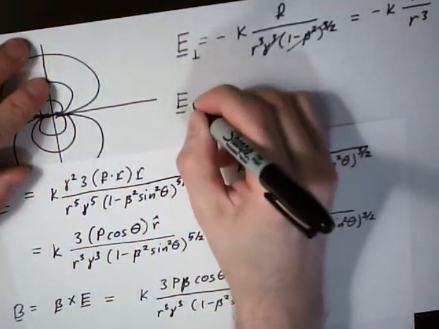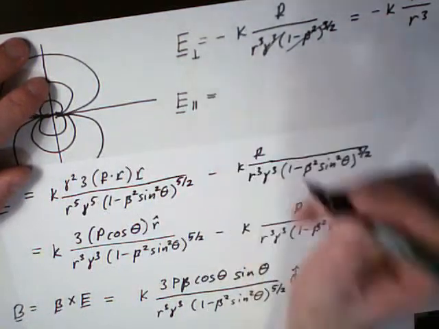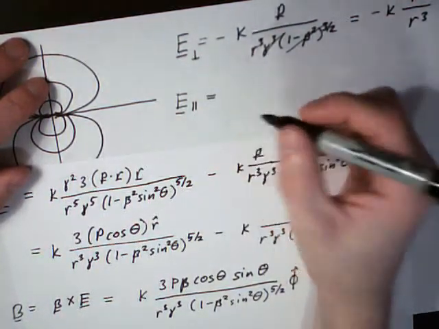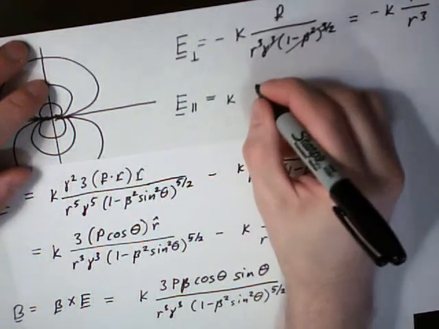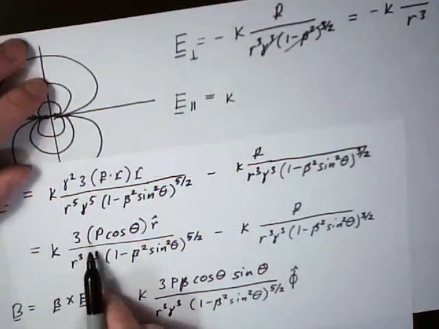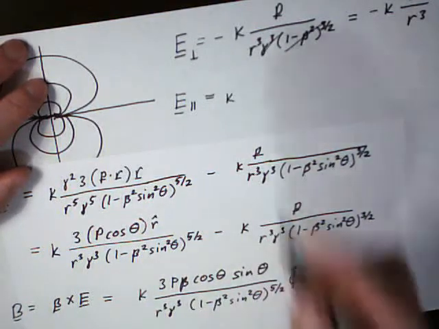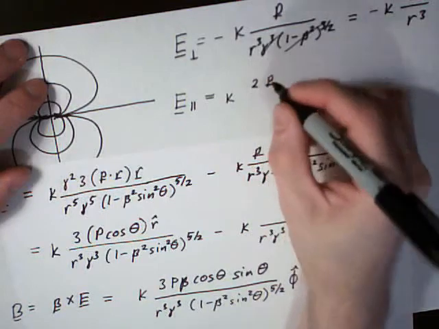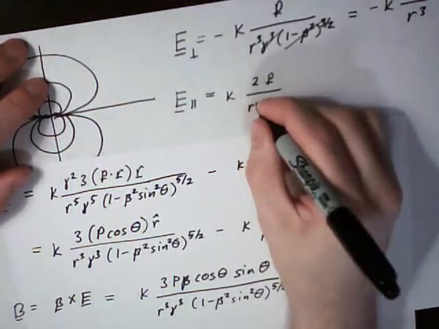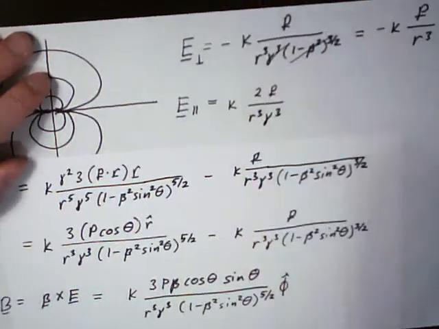And so for that parallel line right there along the axis, for the electric field I get this. 3 minus 1 is just 2, so I get 2p over r cubed gamma cubed.